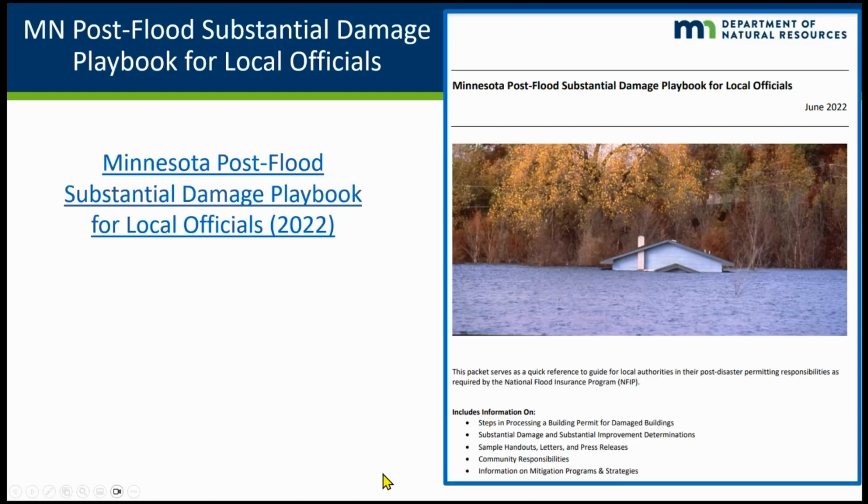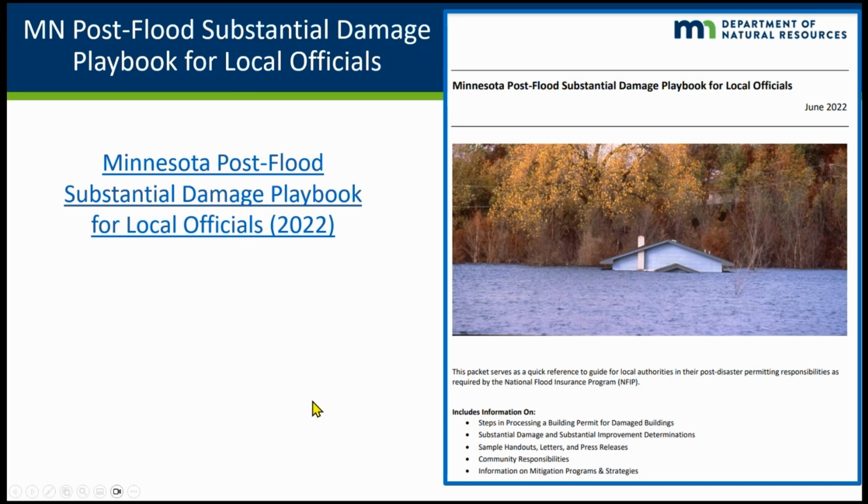We do have what we call the Minnesota Post-Flood Playbook. And we step through a lot of the important steps in the process and have some examples of letters and press releases, those kinds of things. Some of what I'll be covering here comes from this playbook. And we did finalize that in 22.